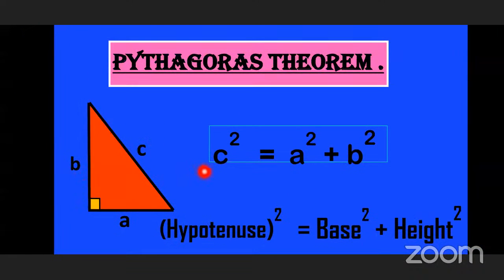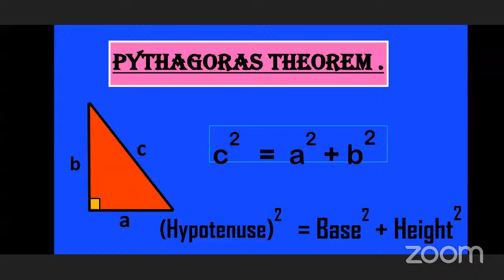So hypotenuse square equals base square plus height square. This was the relationship between hypotenuse and the other two adjacent sides of the triangle.